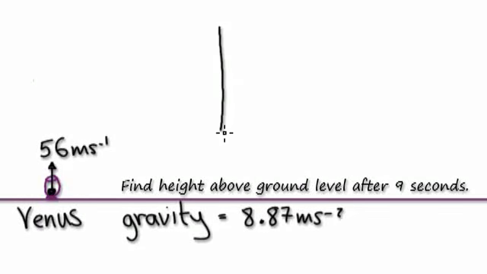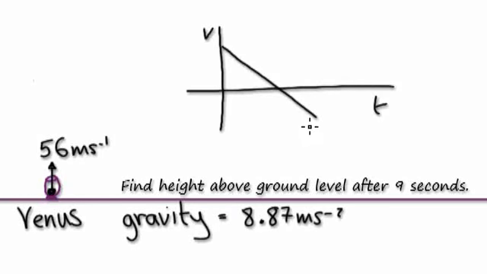Okay, so sketch your velocity time graph here. The velocity time graph should look something like this. Okay, this bit here would be 56. And the gradient here, well, you want to find out the equation for this line.